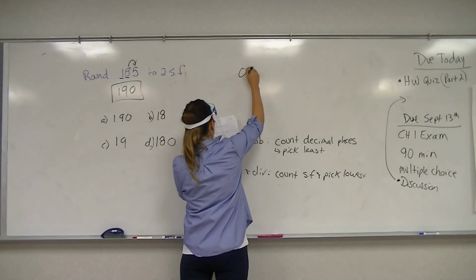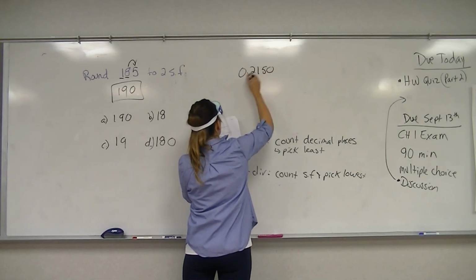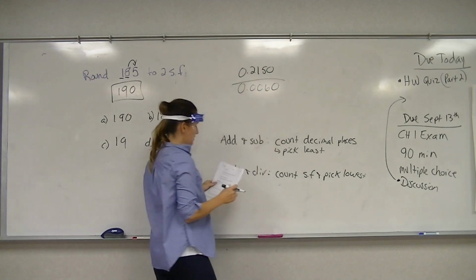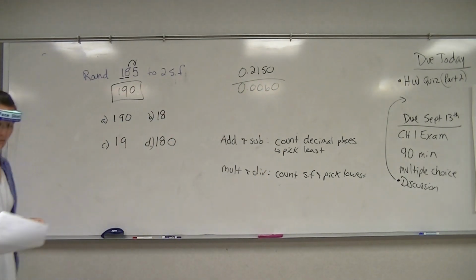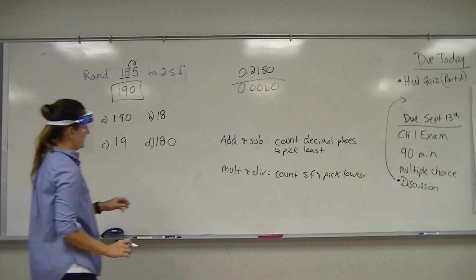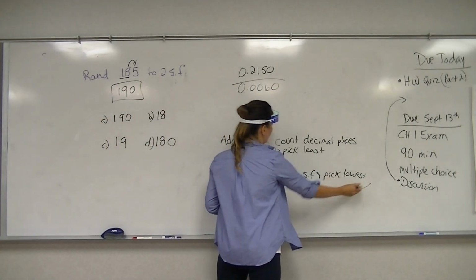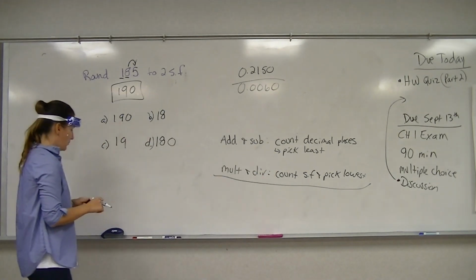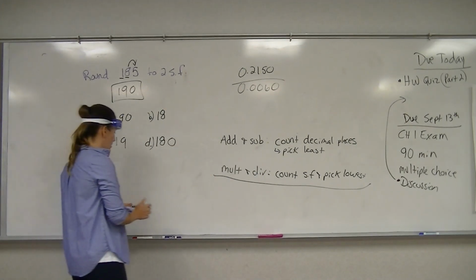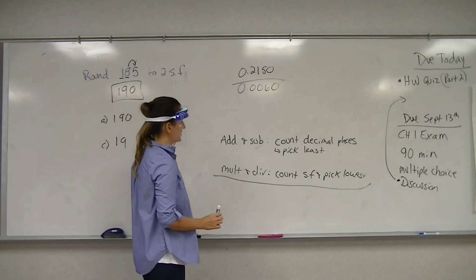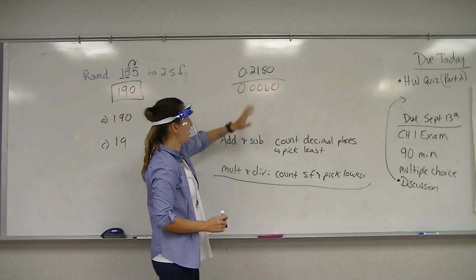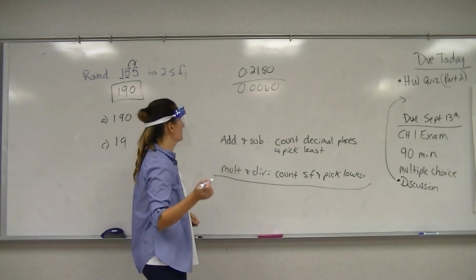So we're taking 0.2150 divided by 0.0060. So since we're dividing, we're applying the rules down here. We're counting the sig figs as a whole, and we're going to pick the lowest. So let's count the sig figs first. So you count how many sig figs in every number used in the problem, and then pick the smallest.